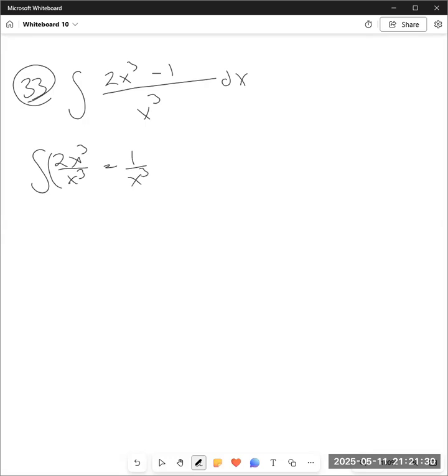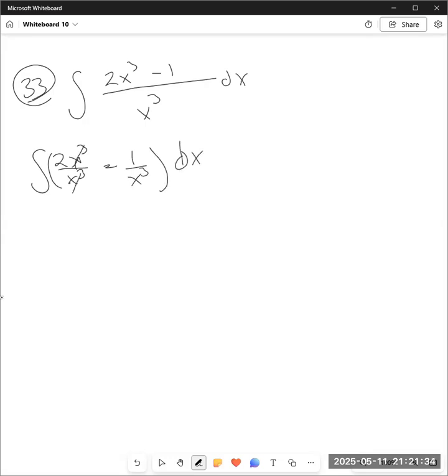33 is, we have a fraction here with 2x to the 3rd minus 1 in the numerator and x to the 3rd in the denominator dx. So we're going to split that up into two fractions, like so.